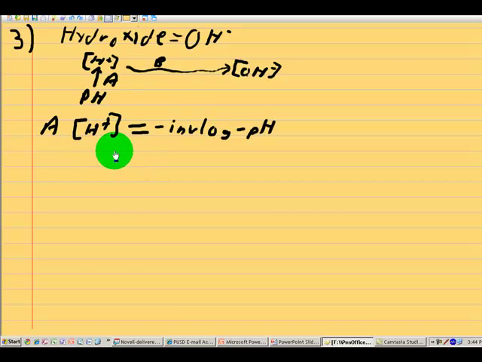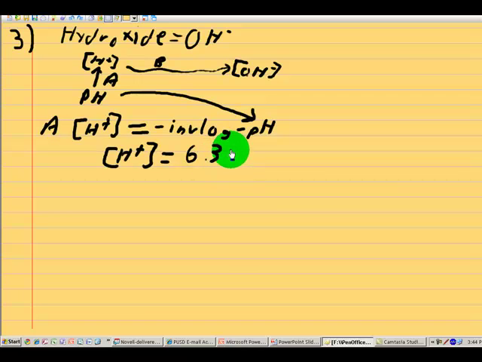So, when you place this value here, then your concentration of your H plus will give you a value of 6.3 times 10 to the minus 9.